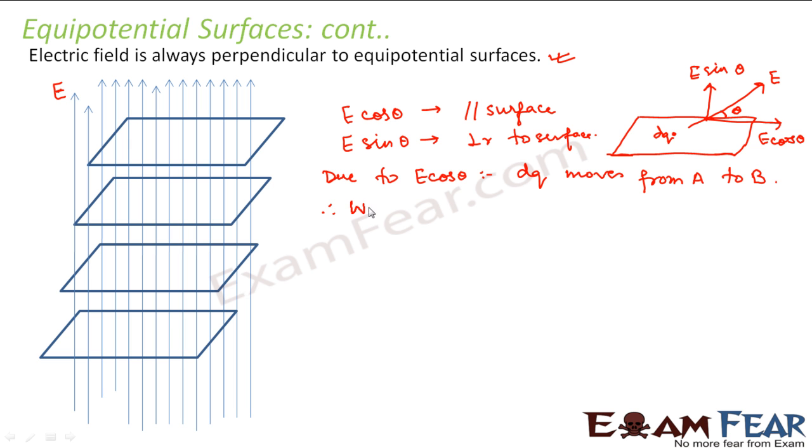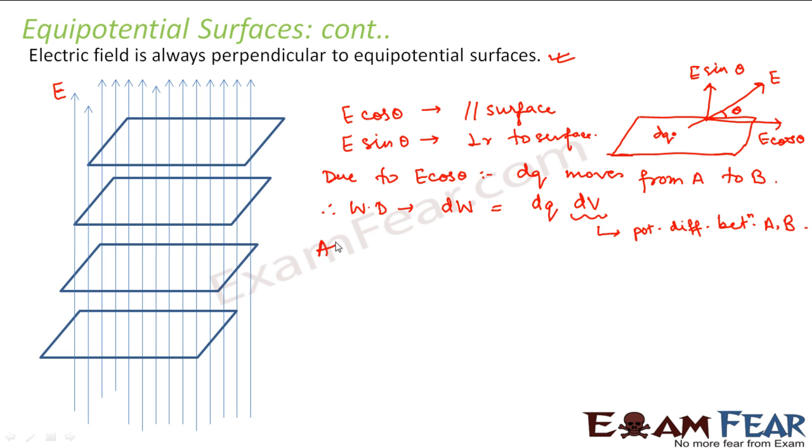Then what would be the work done involved in that case? The work done, that is some small amount of work done dW, would be equal to the charge, that is dq, into the difference in potential. Let us say the difference in potential is dV. What is dV? dV is potential difference between A and B. So this will be dq into dV.